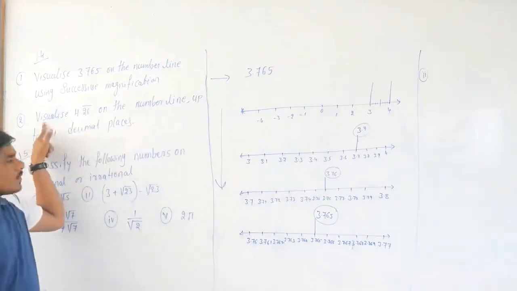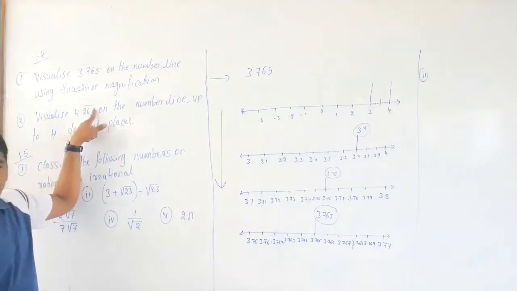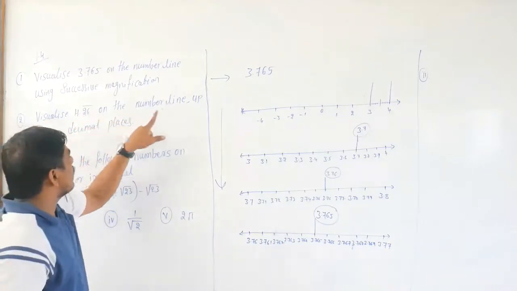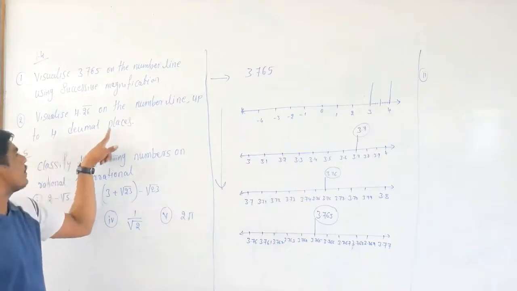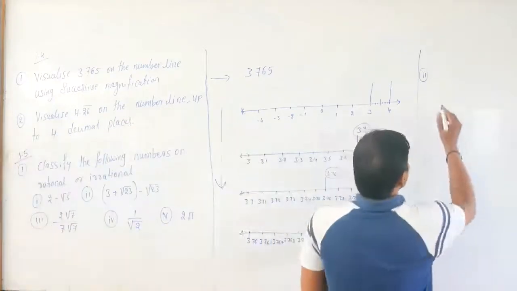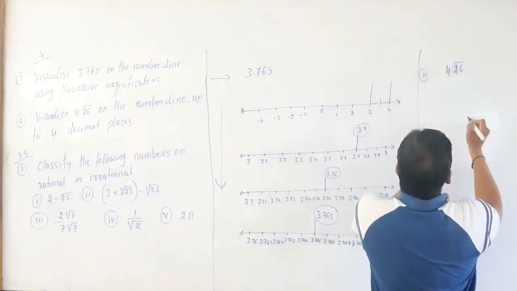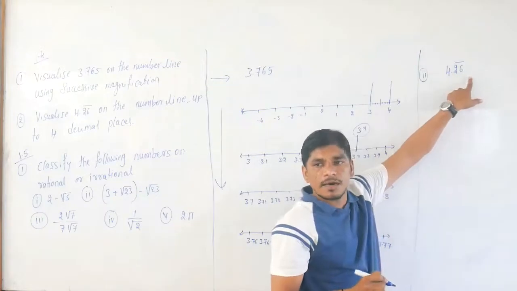The second question is to visualize 4.26 bar on the number line up to 4 decimal places. What does up to 4 decimal places mean? The given number is 4.26 bar.